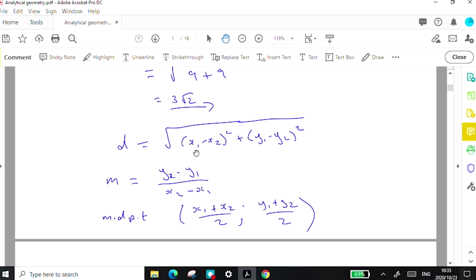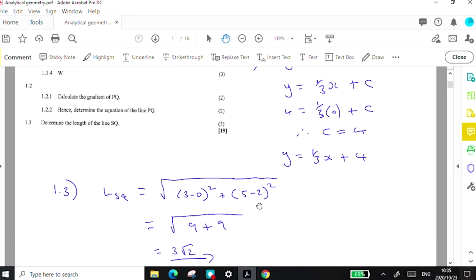So you need to be familiar with these formulas in order to solve these problems.